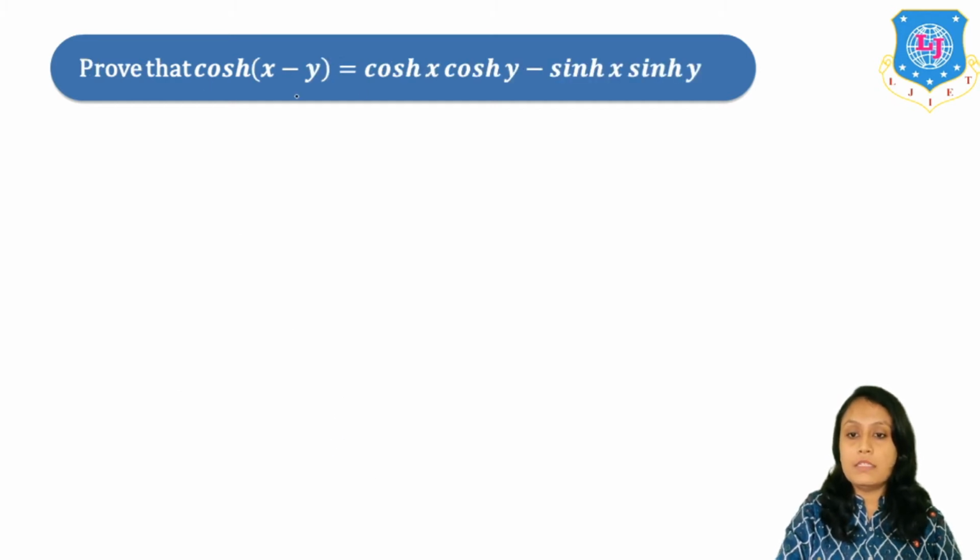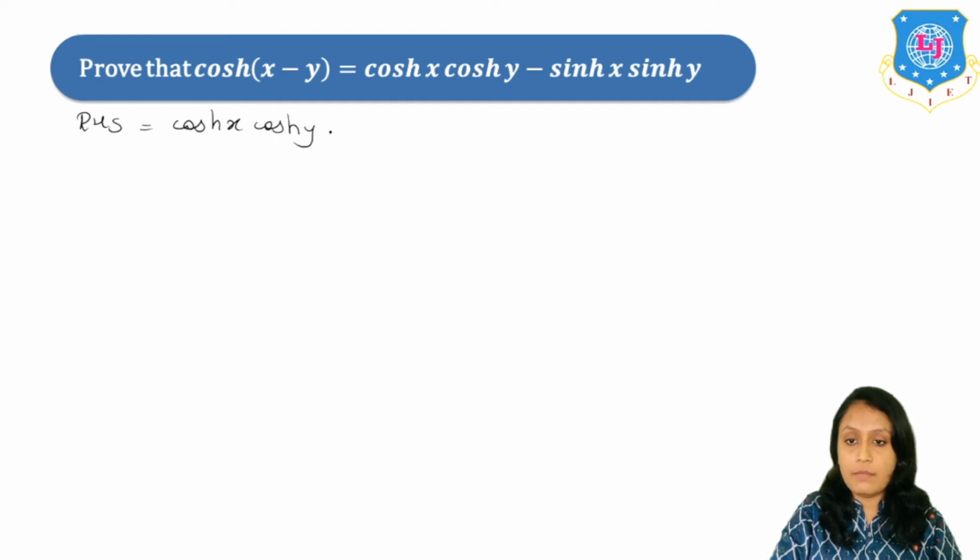Now let's move to the next example. We have to prove that cosh(x − y) is equal to cosh x cosh y − sinh x sinh y. Now we will prove this result from the RHS. So the RHS is given to us, that is cosh x cosh y − sinh x sinh y.